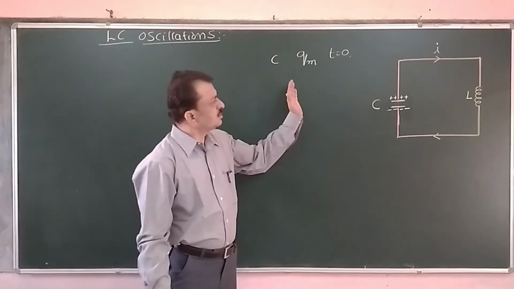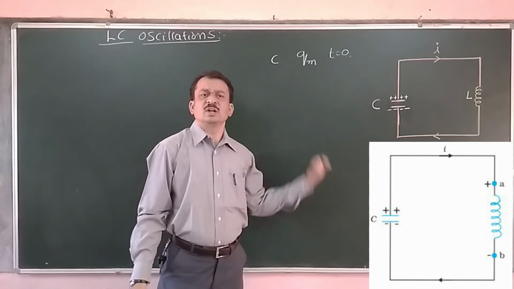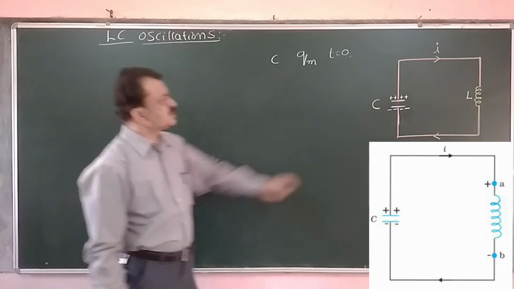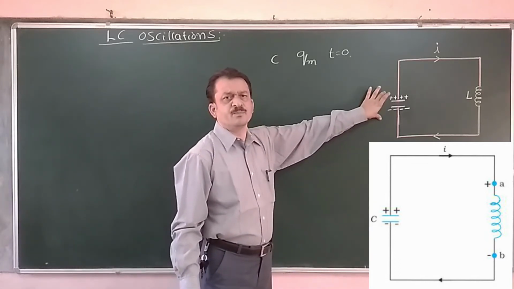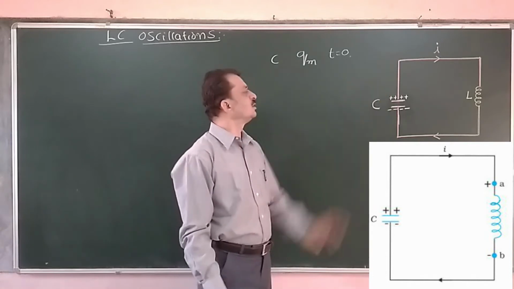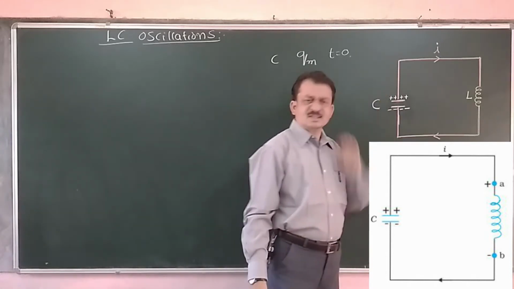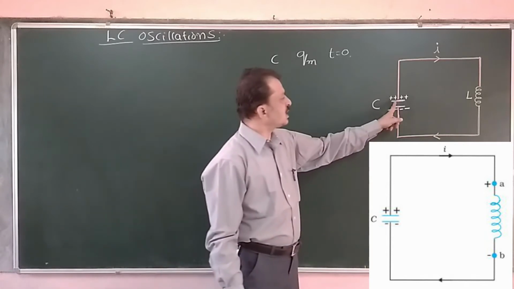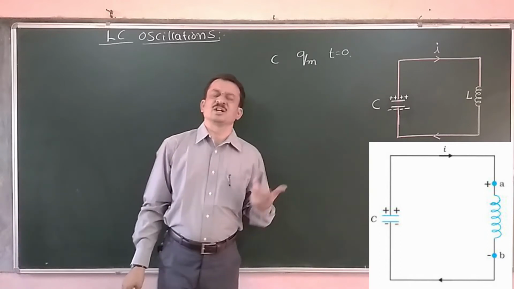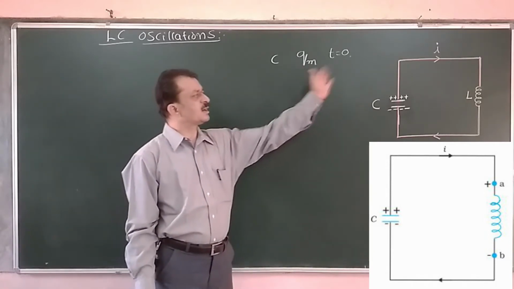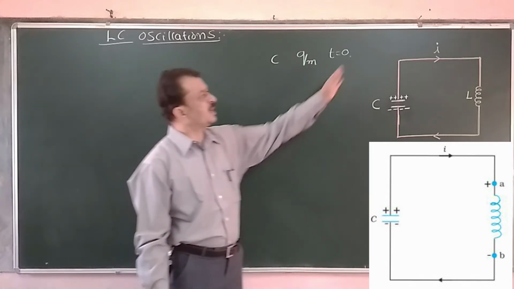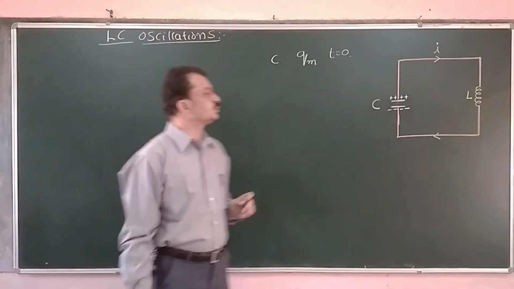As and when the inductor is connected to that fully charged capacitor, since it is fully charged, it acts as a source of electrical energy. As and when the inductor is connected, the charges start to flow. The flow of charges obviously constitutes an electrical current in the circuit.